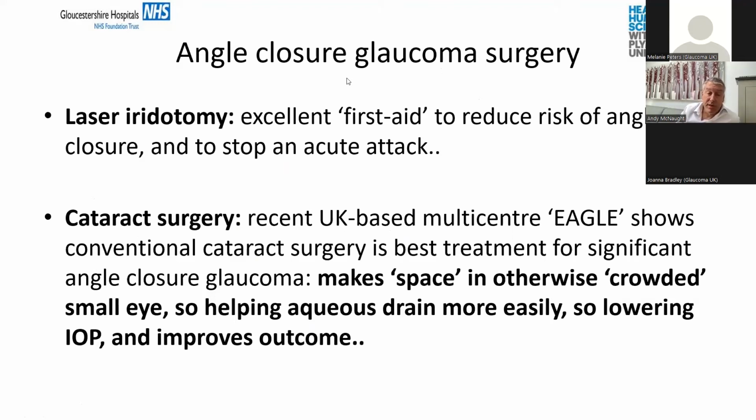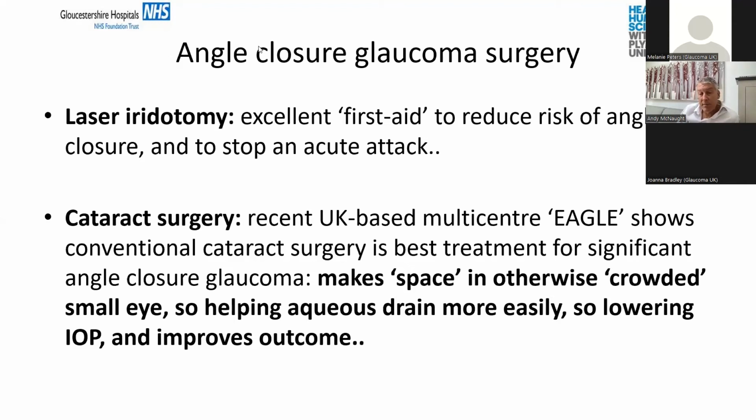And there's been another recent development, a UK-based randomized controlled trial called EAGLE, which shows that just doing a conventional cataract operation, if you've got angle closure glaucoma, is very beneficial to the progress of the glaucoma. It's simply because it makes space inside this otherwise crowded eyeball to help the fluid drain more easily, so making the pressure come down, so reducing the risk of the glaucoma getting worse or behaving badly.